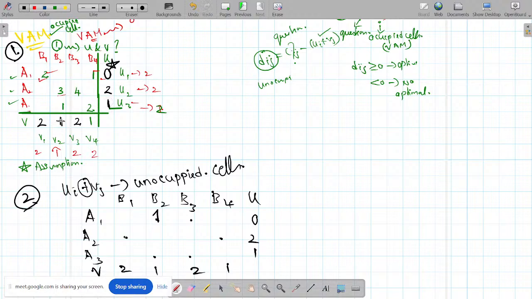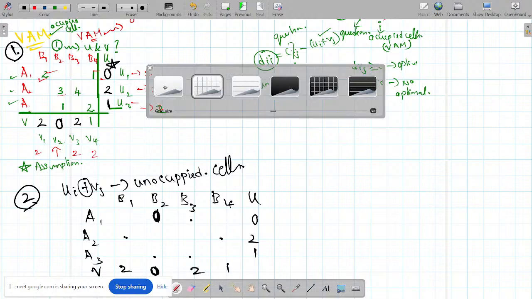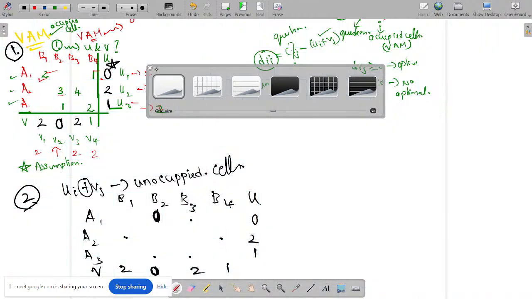Because here this one has to be 0. Okay, I made a mistake. Sorry. So this has to be 0. Kindly ignore this. Let me start from the first table now. We'll start from the beginning.